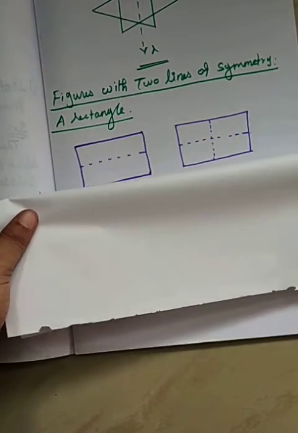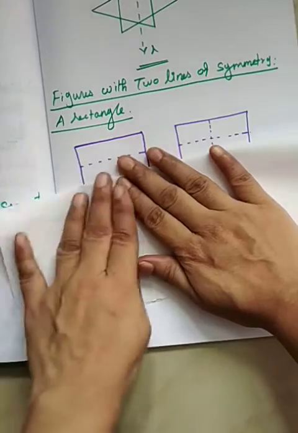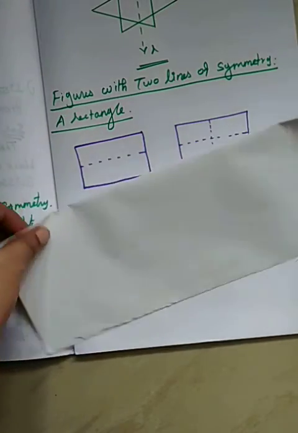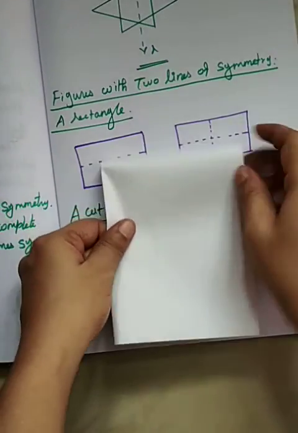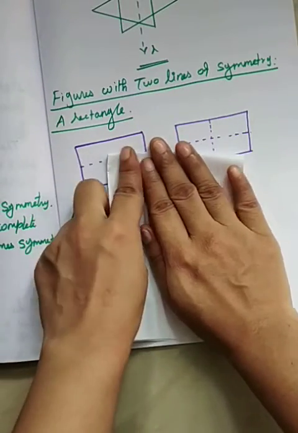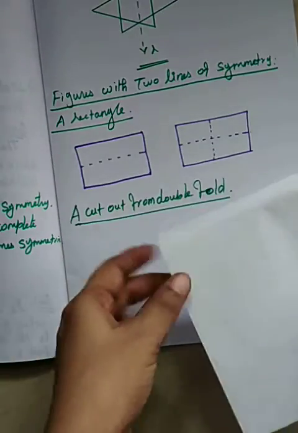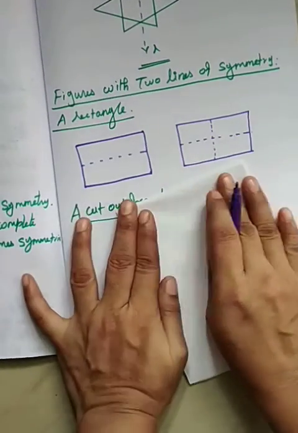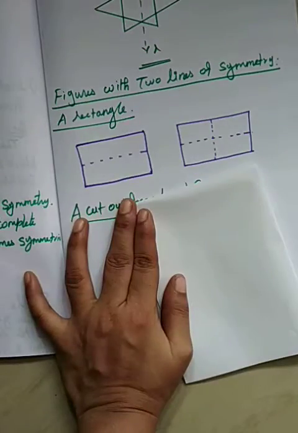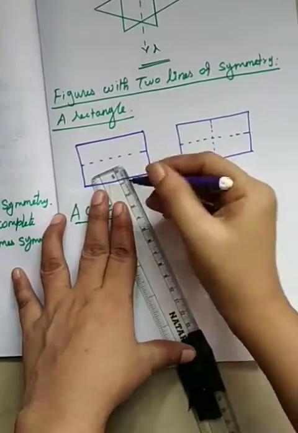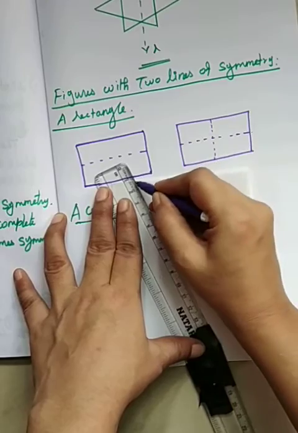So fold it once, then once more I have to fold. Draw some design. See here, I have to draw the triangle. See here.